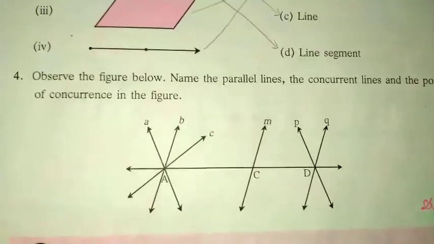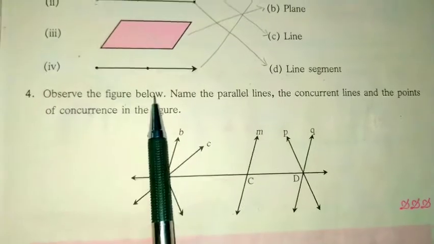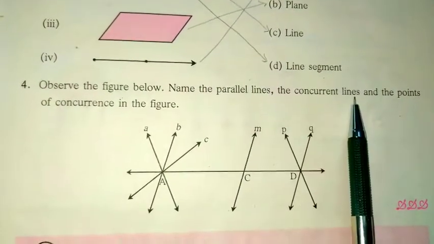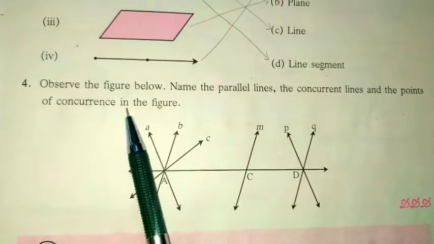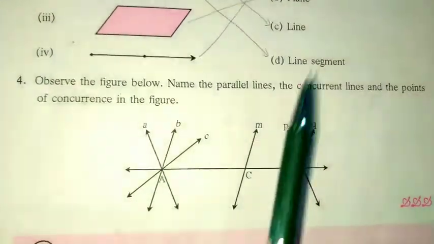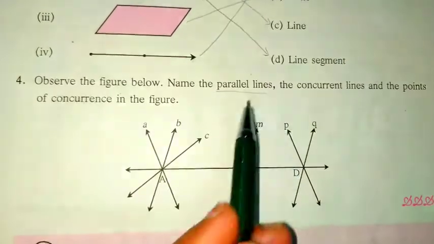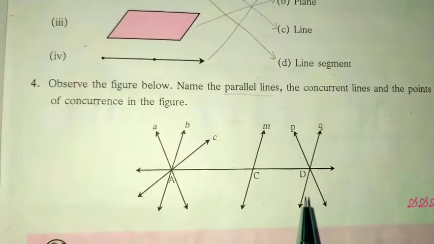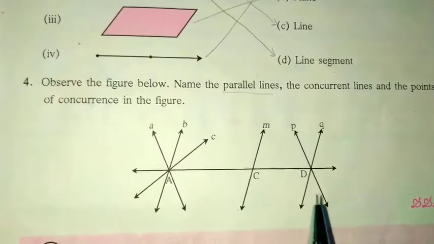At first read the question. Observe the figure below. Name the parallel lines, the concurrent lines and the point of concurrence in the figure. First, parallel lines. Parallel lines are those lines which lie in the same plane but do not intersect.